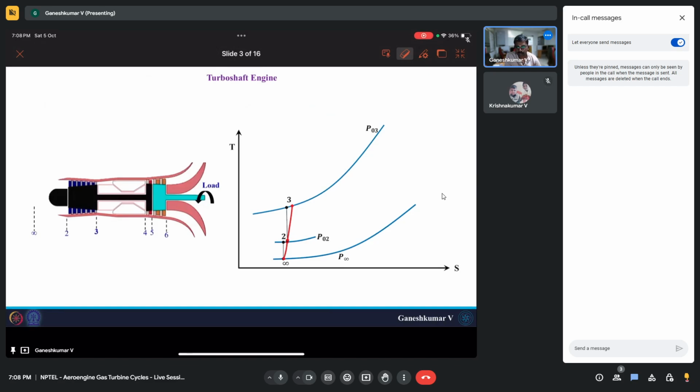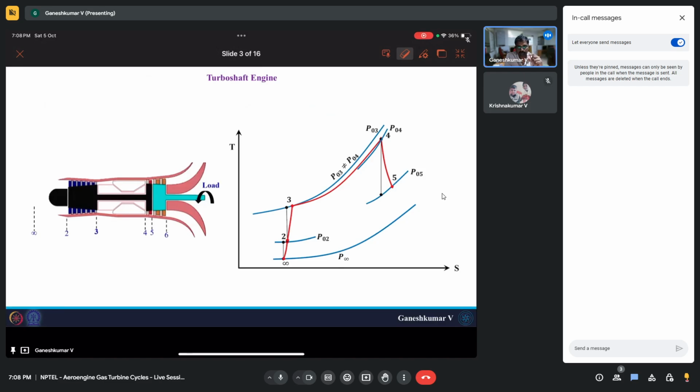Then from 3 to 4, you have the combustion chamber where you add fuel. Usually it should be constant pressure, but these are not ideal cycles, these are real cycles, so there will be pressure loss. And it will reach a maximum temperature of T04. From 4 to 5, you have the high pressure turbine, and this turbine work is used to run the compressor.